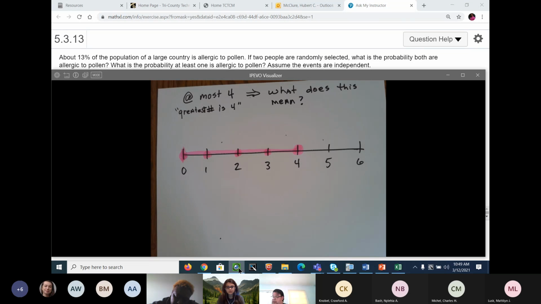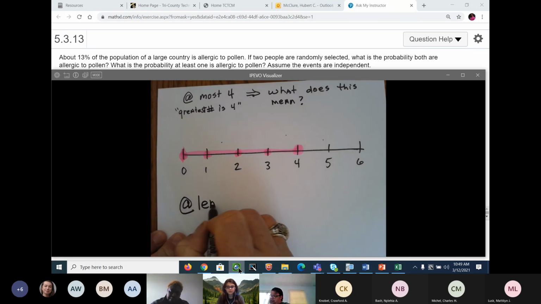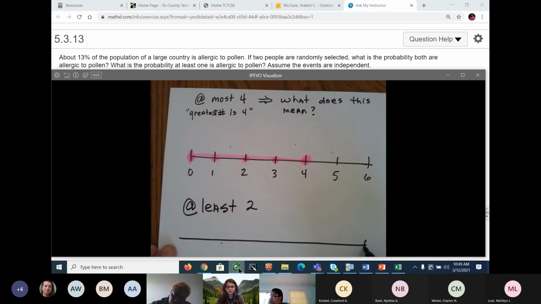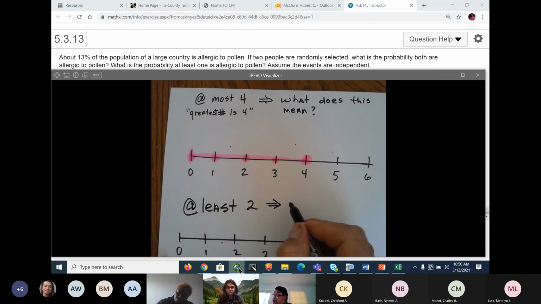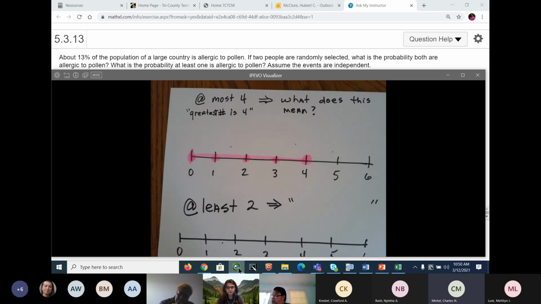All right, now we're going to draw another number line, and we're going to call this at least 2. 0, 1, 2, 3, 4, 5, and 6. And somebody tell me, what does at least 2 really mean in layman's terms? Not the greatest number is blank, but what? The lowest number is 2.